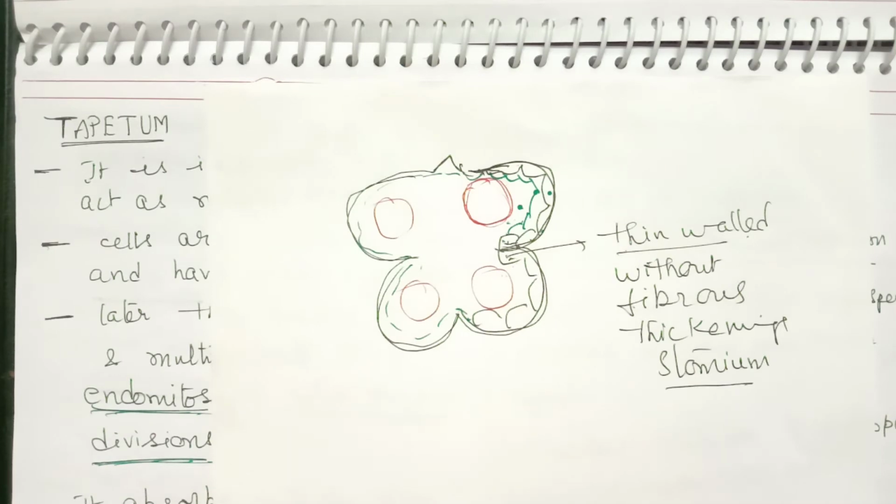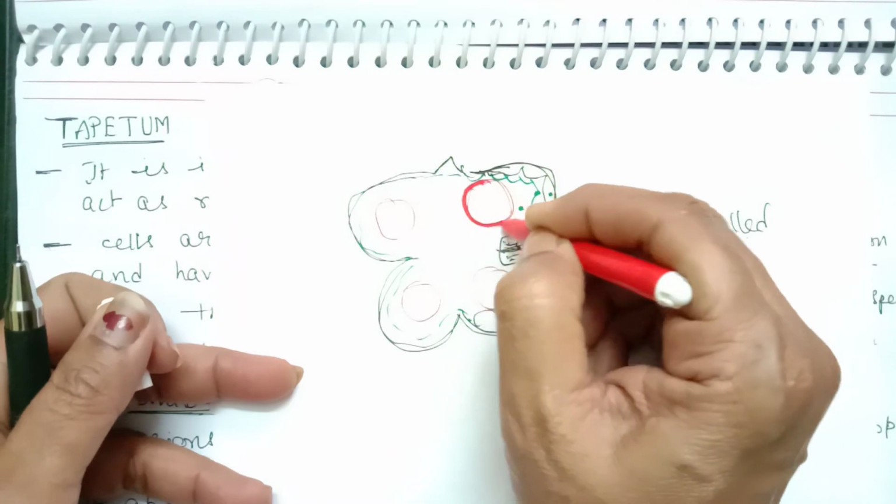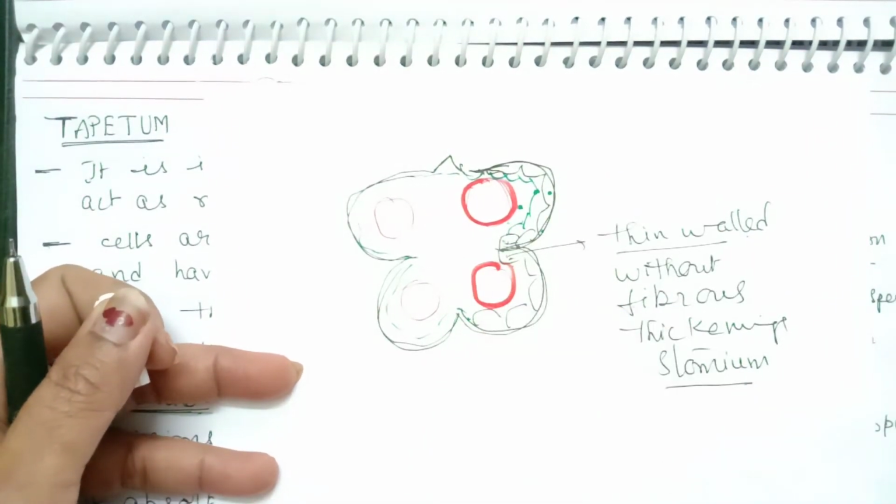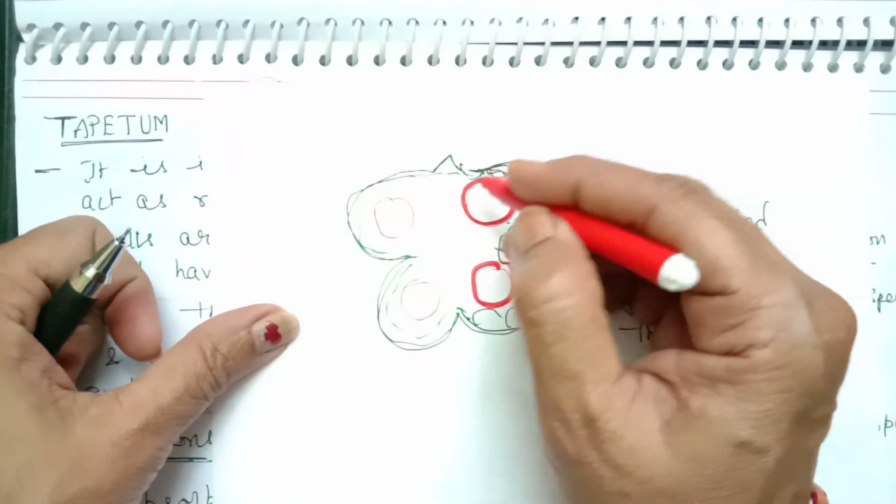Just now what we discussed, the tapetum is the nutritive layer in which the cells are initially diploid and later become polyploid. If we observe the initial cells of the tapetum, for convenience I am showing it for one.